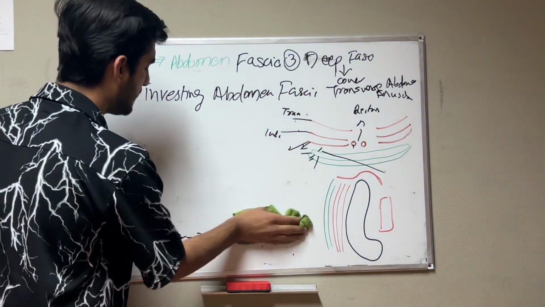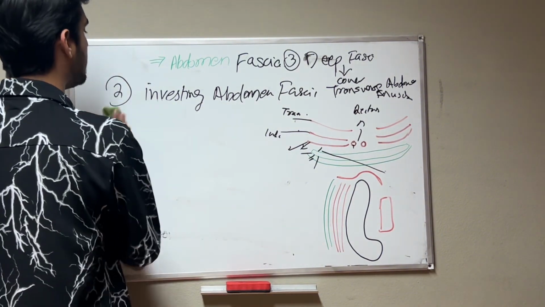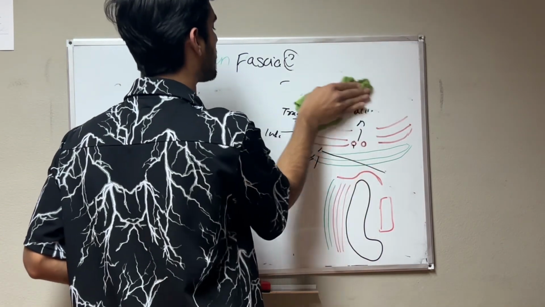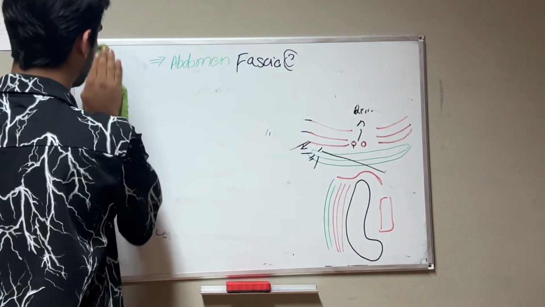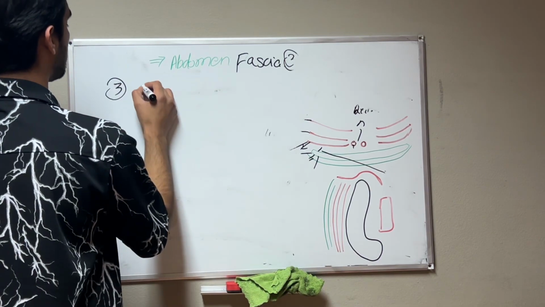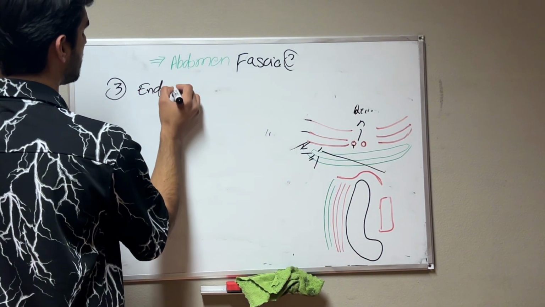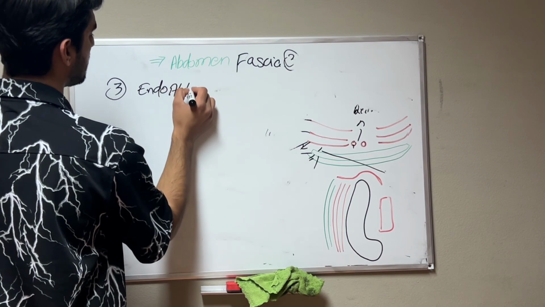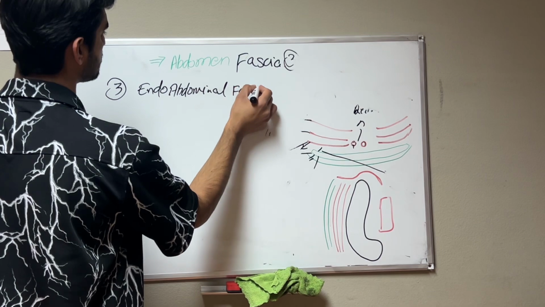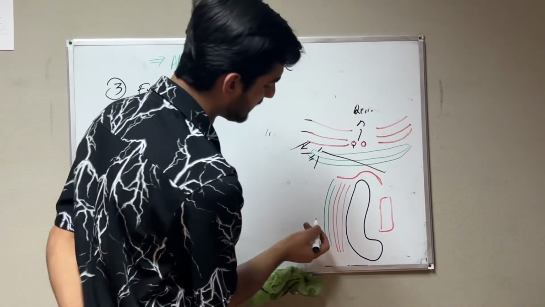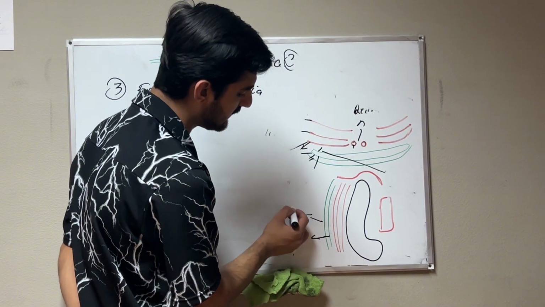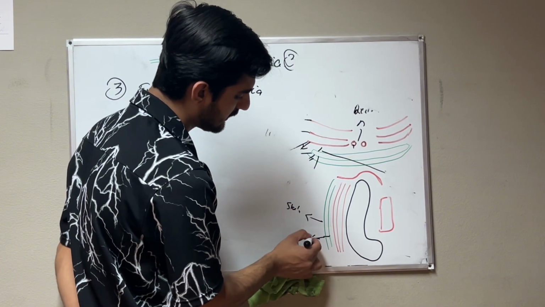Okay, now the third fascia of the abdomen we have is the endoabdominal fascia, and the endoabdominal fascia is very interesting. If you consider this is the skin, we already discussed, this is the fatty layer.